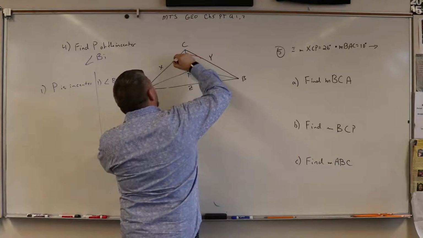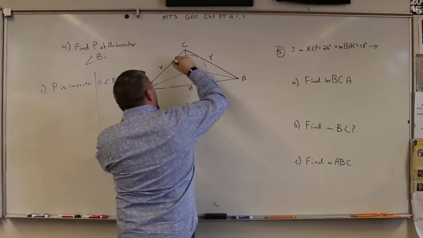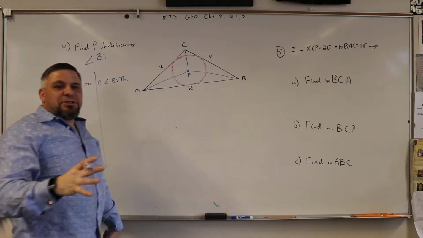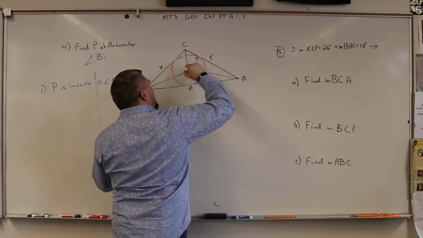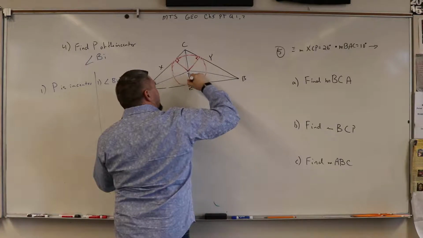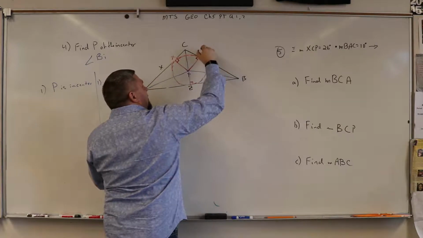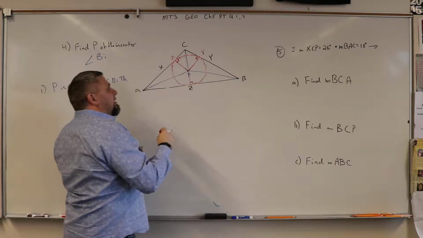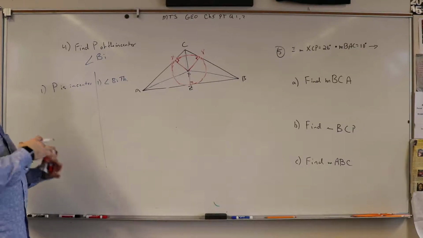Now, remember, there is a circle created in here, right? And that circle has these radii that are perpendicular. And those radii are where X, Y, and Z are. That's where X, Y, and Z are.